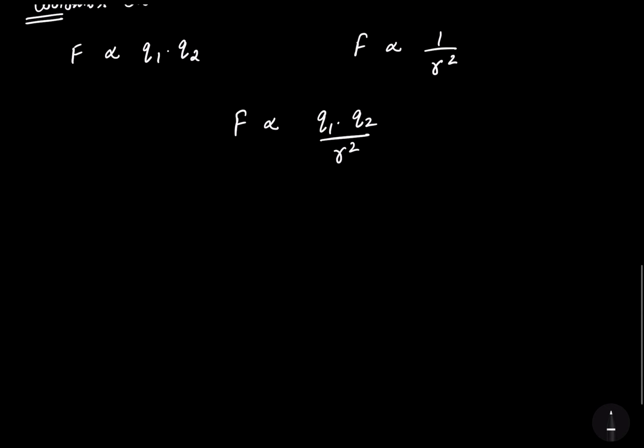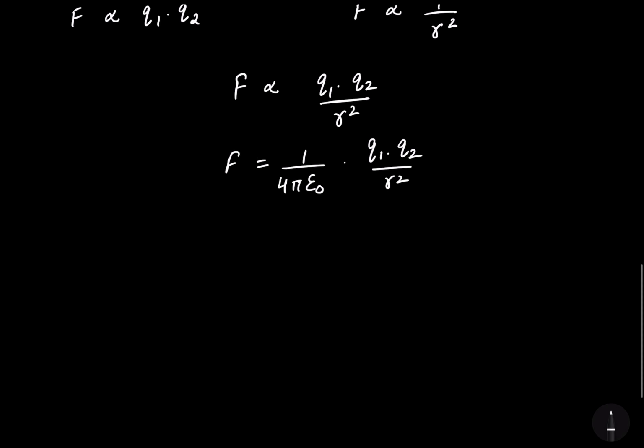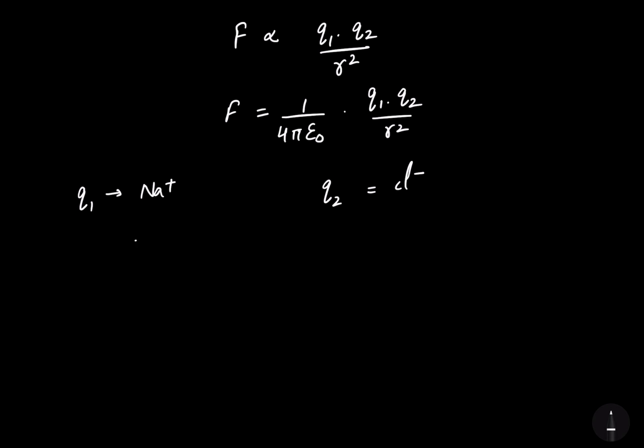Here F comes out to be, with the proportionality constant, 1 upon 4 pi epsilon naught into Q1 into Q2 by R square. Now here Q1 is the charge of Na positive ion and Q2 is the charge of Cl negative ion. And what's R?